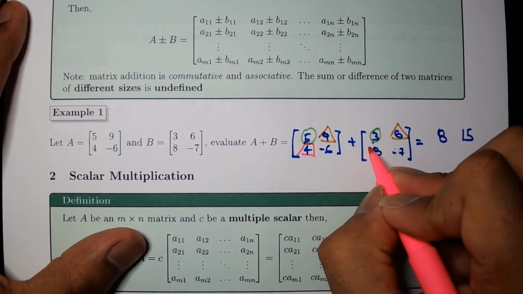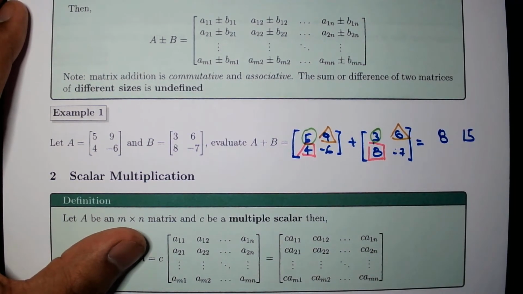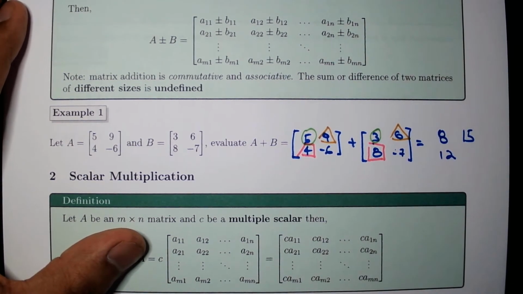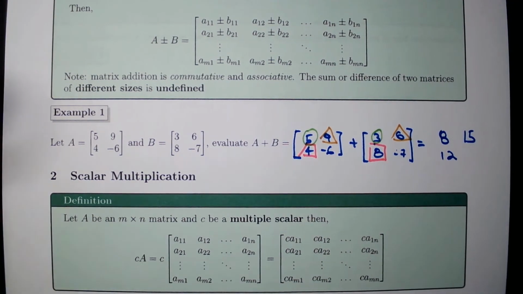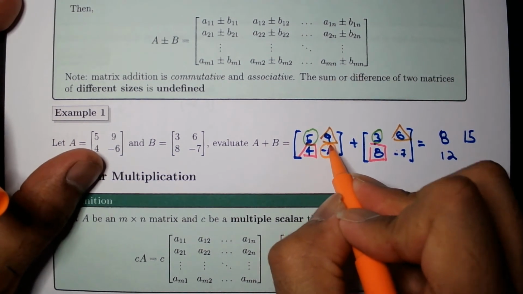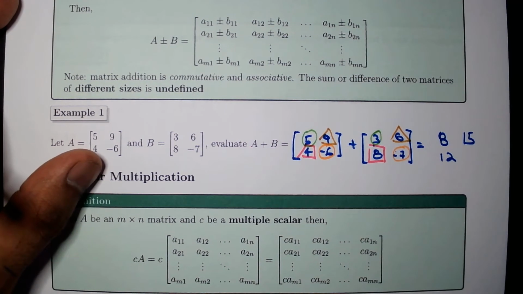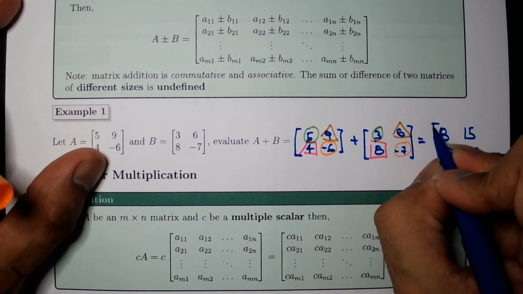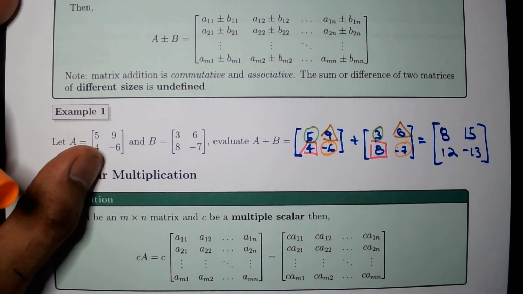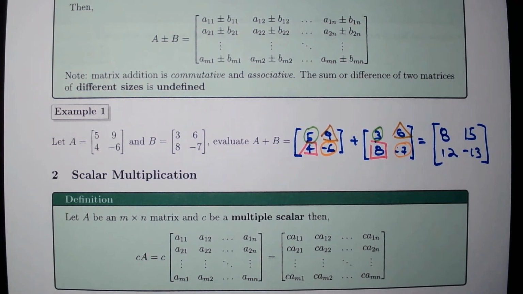Four plus 8, which equals 12. And careful with negative signs in this case: negative 6 plus negative 7 is negative 13. And that's all we do, as easy as adding or subtracting numbers.